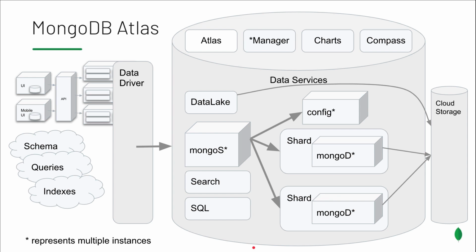So let's take a closer look at the MongoDB database service. Here we see the data driver, but now we're taking a closer look inside MongoDB Atlas. Ultimately, your application has decided a schema that could be inefficient, that could be the limiting factor or the bottleneck.